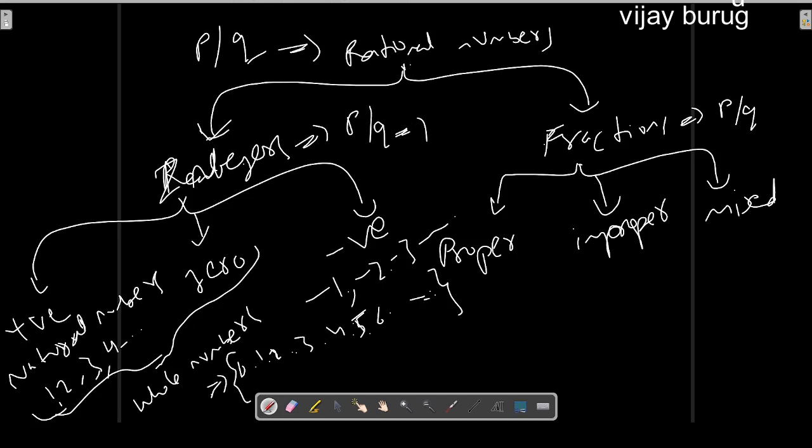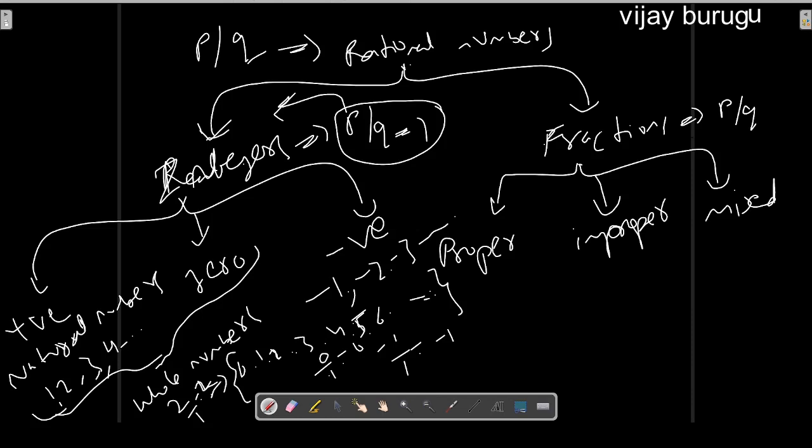So -1 by 1 will become -1, 0 by 1 will become 0, 2 by 1 will become 2. So the rational numbers where the value of q is equal to 1 are called integers. The other rational numbers are called fractions. Fractions are again divided into proper, improper, and mixed fractions.